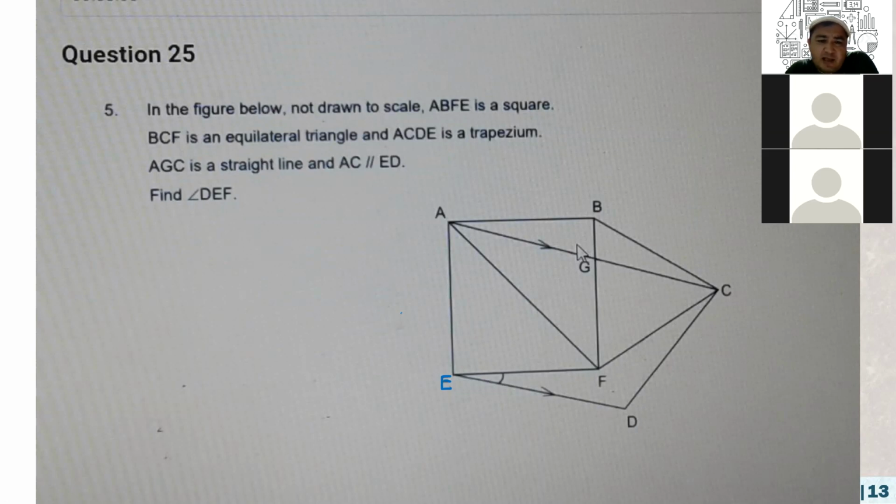AGC is a straight line, and AC is parallel to ED. Find angle DEF. Okay, good. As you see, you need to find this angle. Let's say it is X degrees. Now we can start. You have 2 minutes.